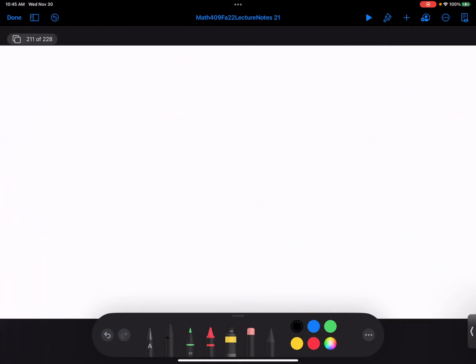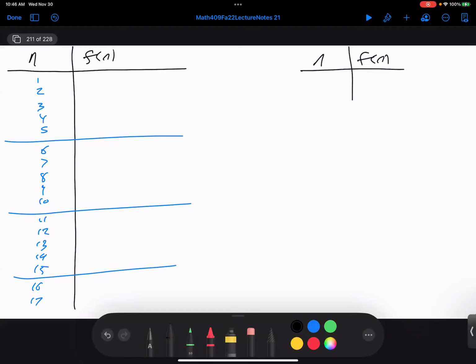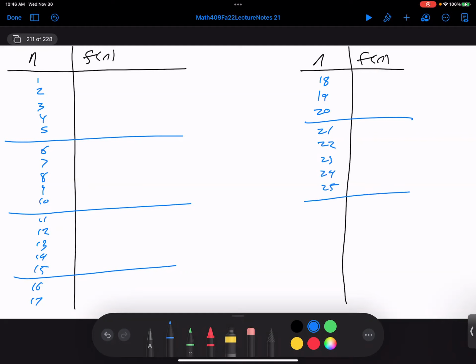So let's do n and then f of n. 1, 2, 3, 4, 5, 6, 7, 8, 9, 10, 11, 12, 13, 14, 15, 16, 17, and then 18, 19, 20, 21, 22, 23, 24, 25, 26, 27, 28, 29, 30.